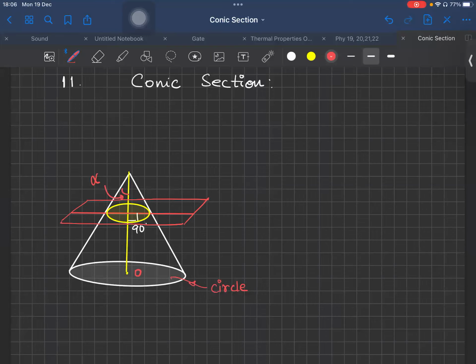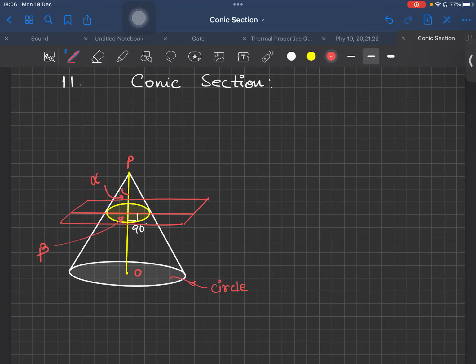So the section on this plane will be circular. If you cut this cone anywhere perpendicular to this line, let's say OP, you will always get a circle, right? Now this plane is cutting it at 90 degrees. So let's say this angle right here is beta.